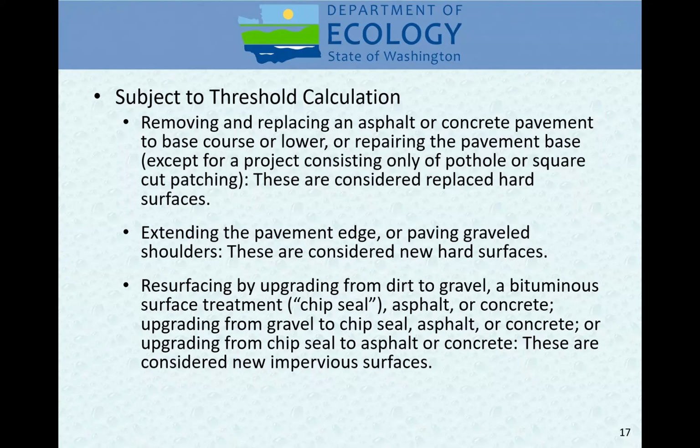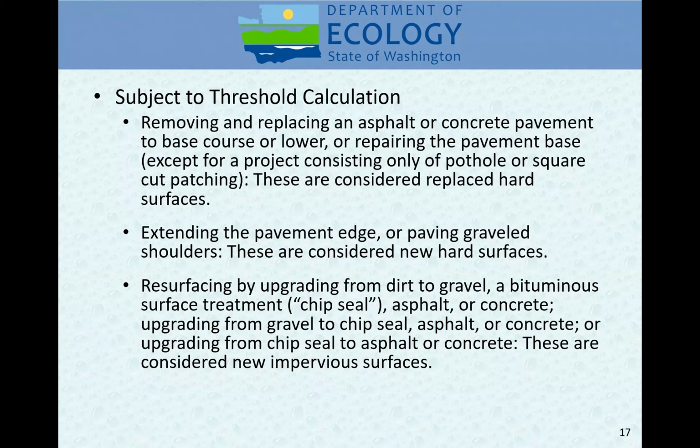If you've put in the required stormwater measures when you build the gravel, you're adding new impervious surface by putting pavement on top of that gravel. That's new impervious surface.